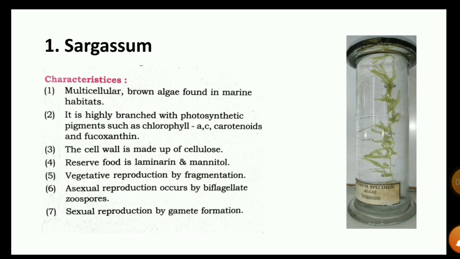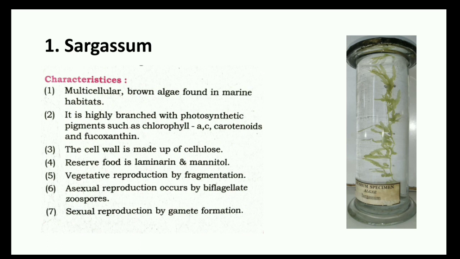So the first specimen that we are going to discuss is Sargassum. But before we jump into this, let me just tell you that all the 4 specimens are plants. So naturally, they belong to the kingdom Plantae. However, all these 4 specimens come from different divisions under the kingdom Plantae.